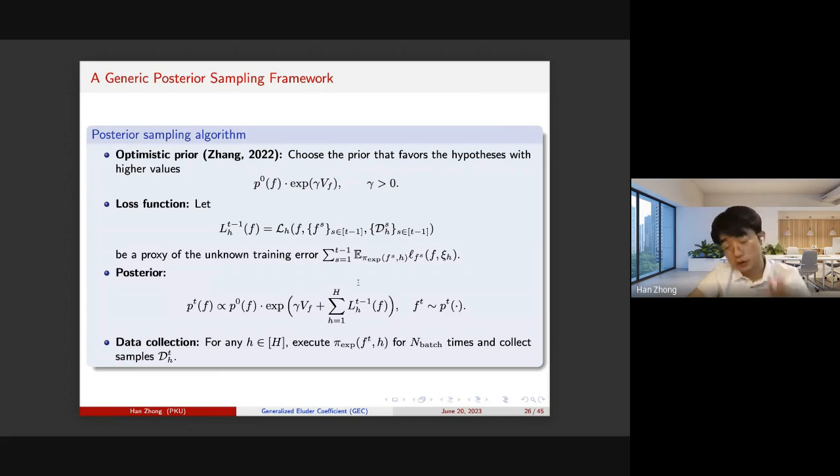Yeah, in our algorithm, we only need to sample one f_t. This is because of the optimistic prior added like this. This optimistic prior will encourage exploration. So if we use this optimistic posterior sampling, we can just sample one hypothesis.